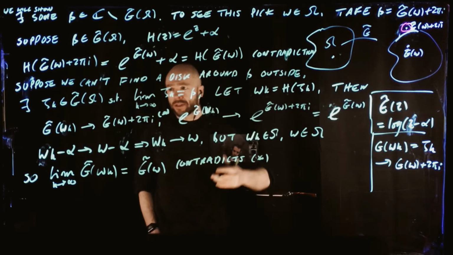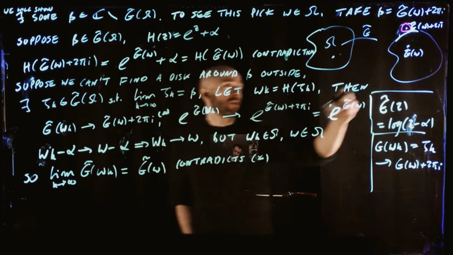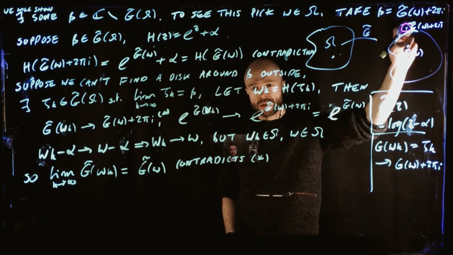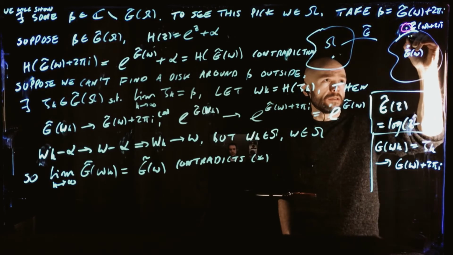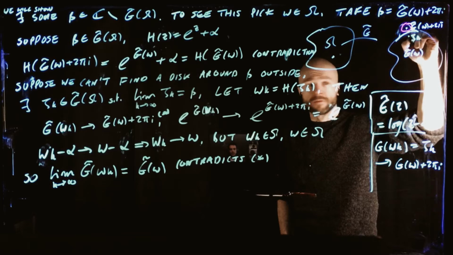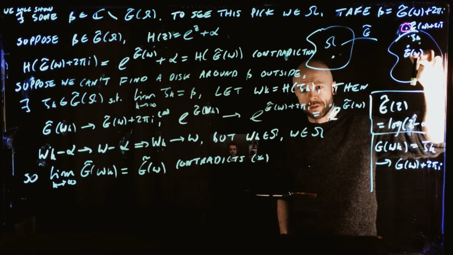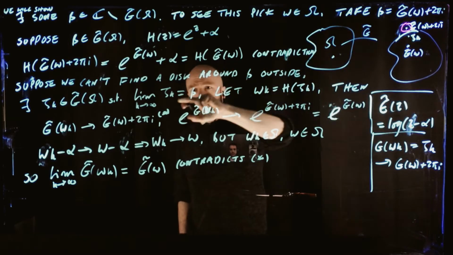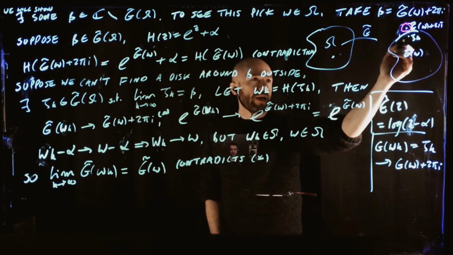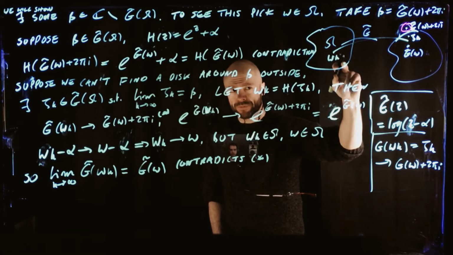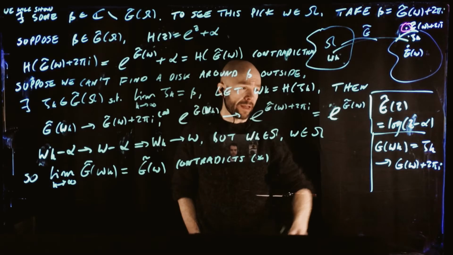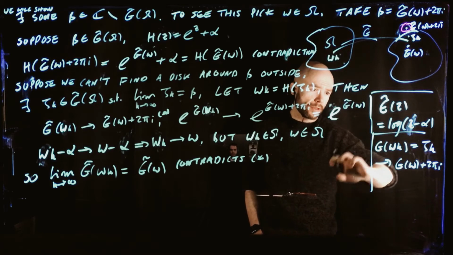Okay, so where were we? We said, suppose we can't find a disk around this point, which was outside. That means we could find this sequence of points, zeta k, getting closer and closer from the image G tilde of omega. So that's what we express by this. Then we pulled them back with h, so these were wk here.